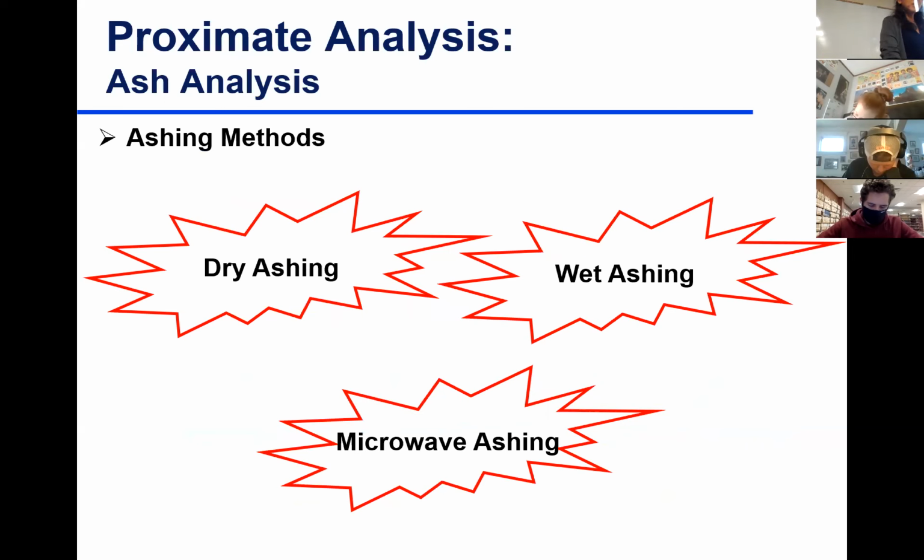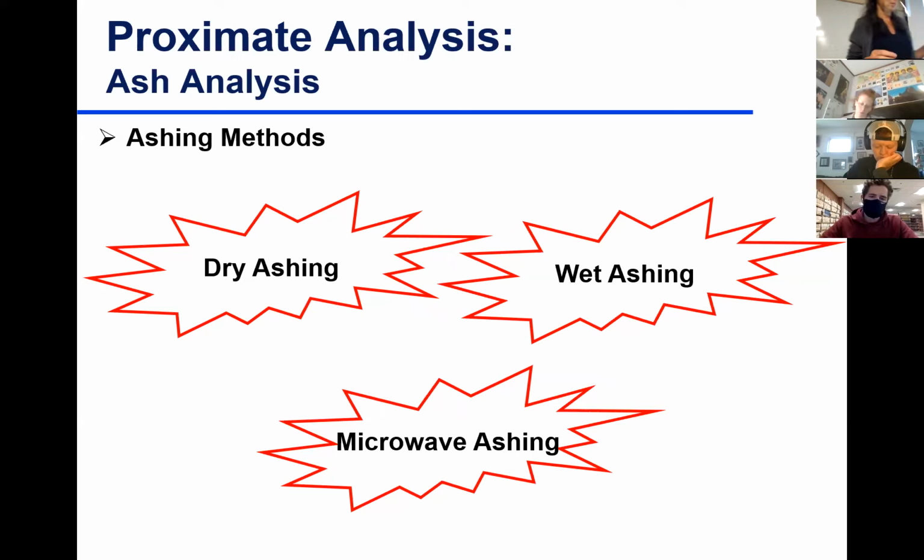So ashing methods. We have dry ashing, wet ashing, and microwave ashing. Microwave ashing can be dry and wet as well, and we'll talk about that later. With dry ashing, that means you just weigh your sample, put it in a crucible, put that crucible in the muffle furnace. Sometimes you mix dry ashing with wet ashing.